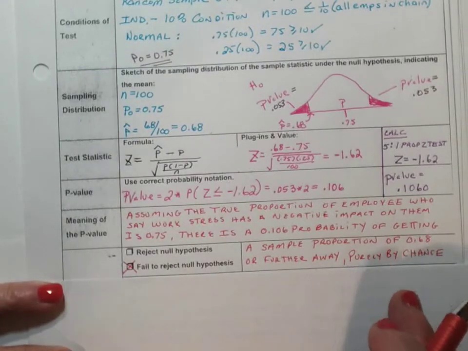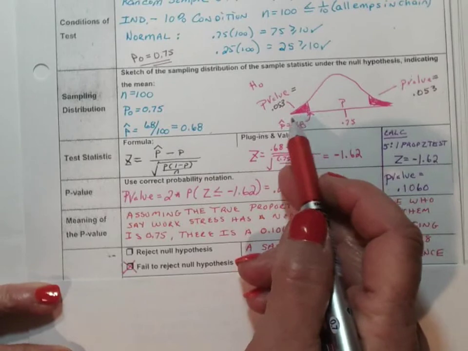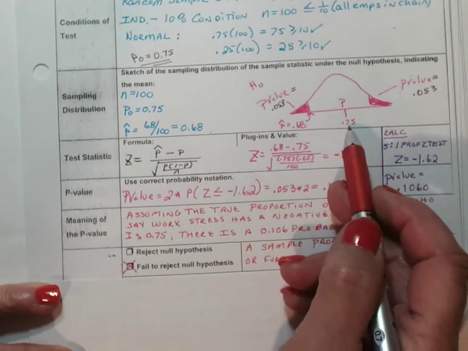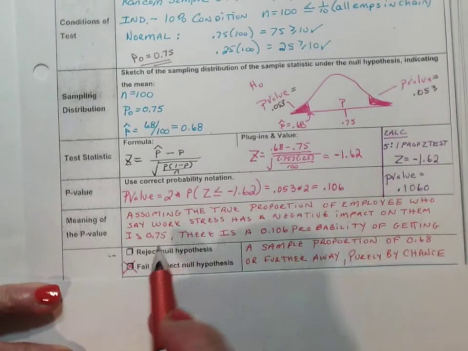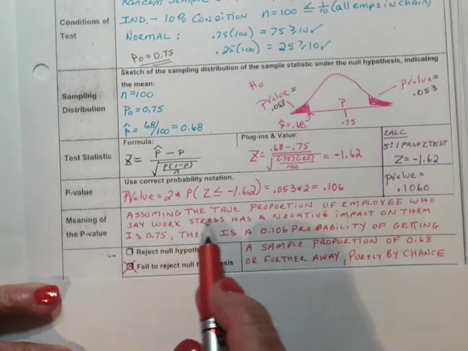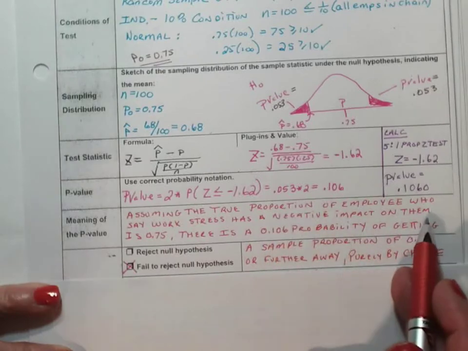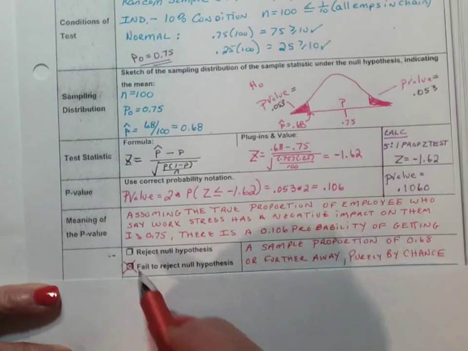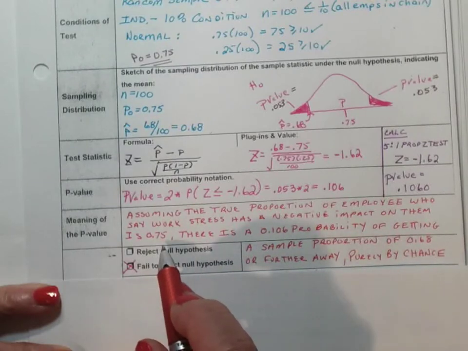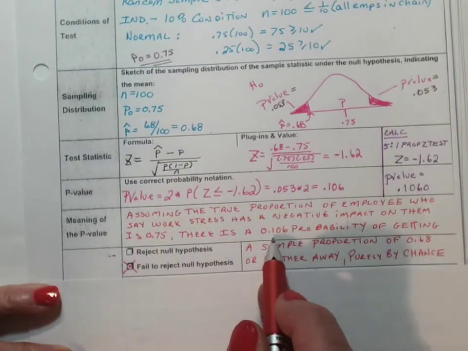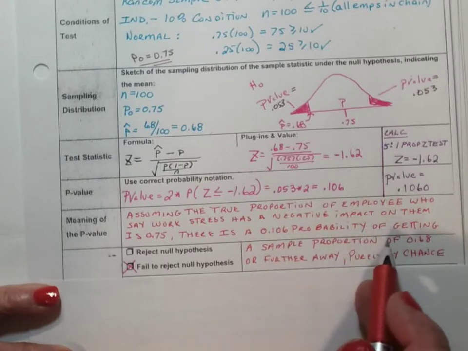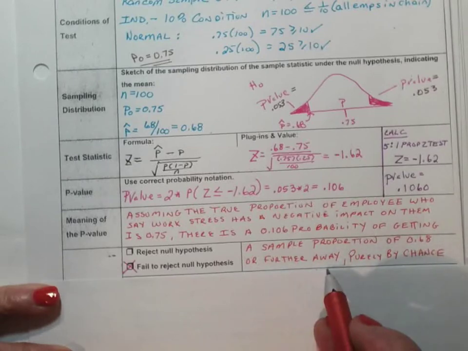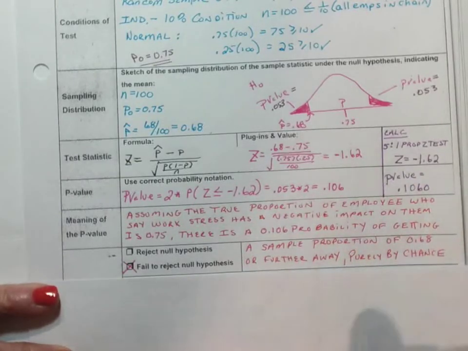Basically, the p-value tells you how extreme this p-hat is from your null hypothesis. So the wording goes like this: assuming the true proportion of employees who say work stress has a negative impact on them is 0.75, there is a 0.106 probability of getting a sample proportion of 0.68 or further away purely by chance.